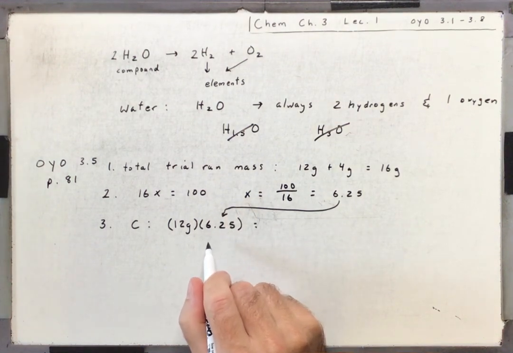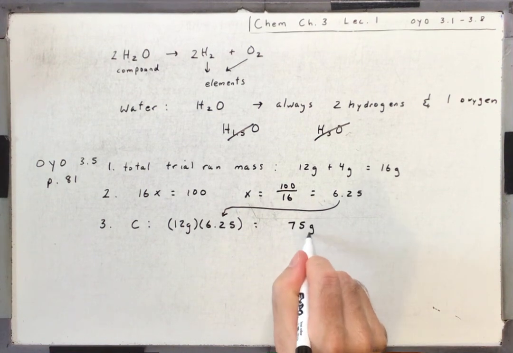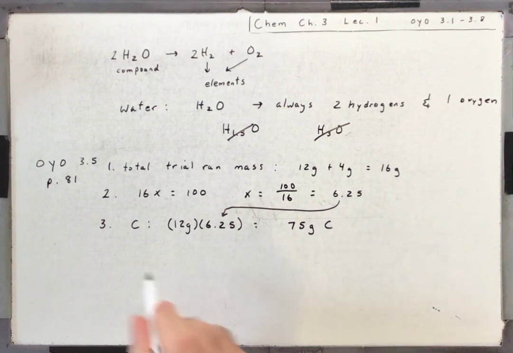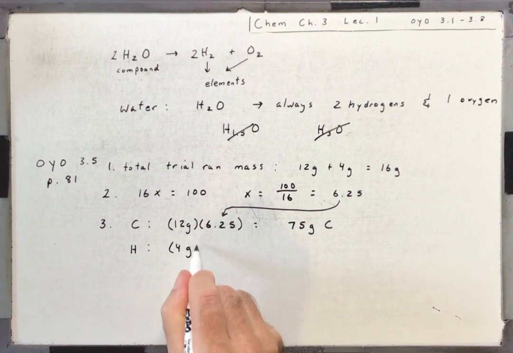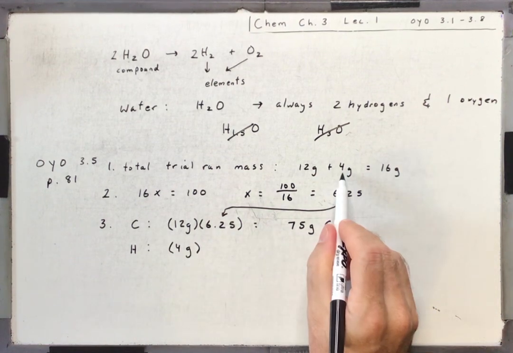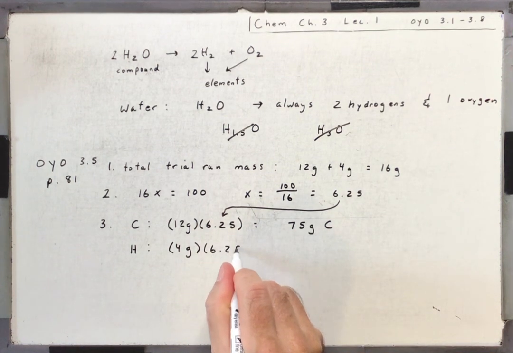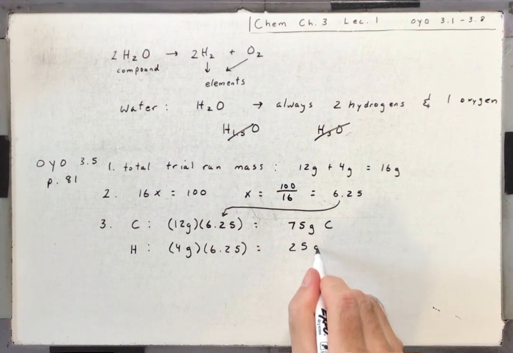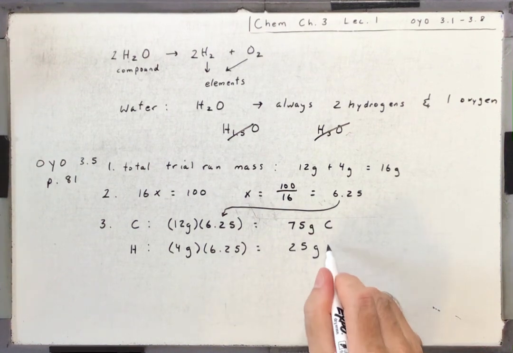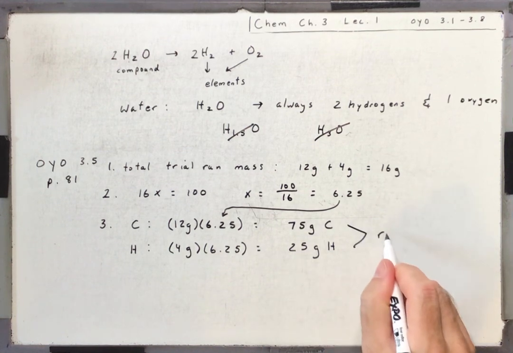So if you put that in your calculator, 12 times 6.25 is 75 grams. And then for hydrogen, we have 4 grams. That's from the problem, 4 grams. We're going to multiply it by 6.25, and that would be 25 grams of hydrogen. So that is our recipe. That is the answer.